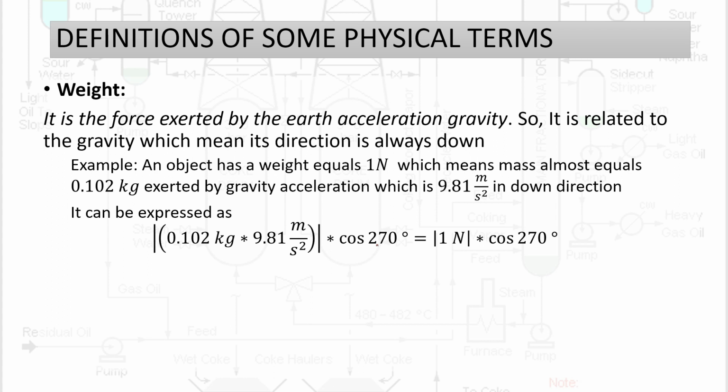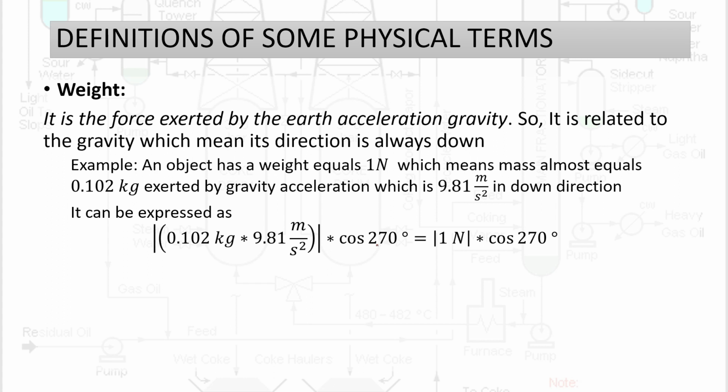That means almost 0.102 kilogram exerted by the gravity acceleration, multiplied by these values, gives me 1 Newton. I can express it in a mathematical way as 0.102 kilogram multiplied by 9.81 meter per second squared, all of them absolute values as magnitudes, multiplied by cosine 270 degree.